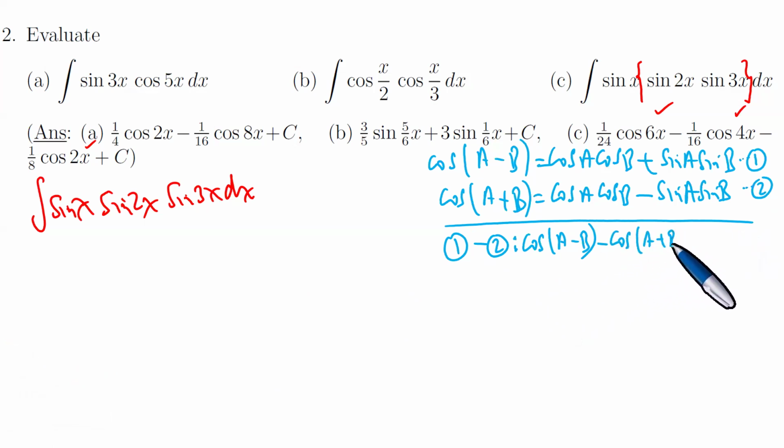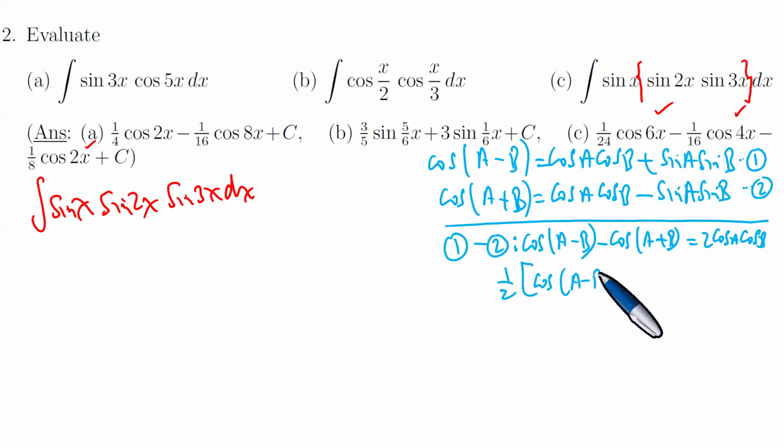A plus B. So you have this minus that, which is 2 cosine A cosine B. And then you have 1/2. And then you have minus cosine of A plus B, which is exactly cosine A cosine B.